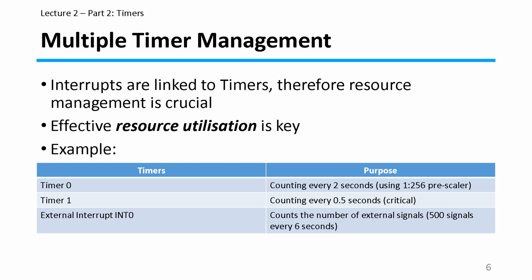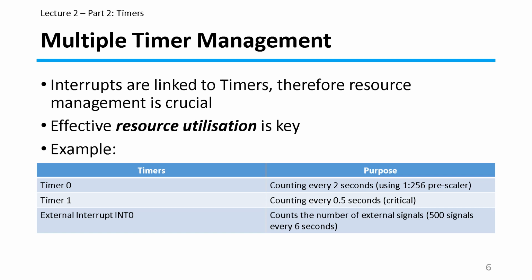So let's look at an application where we have 2 timers running with an external interrupt. The external interrupt counts the number of external signals that is being triggered to your microcontroller unit, and it's roughly about 500 signals every 6 seconds. And you have 2 timers running.